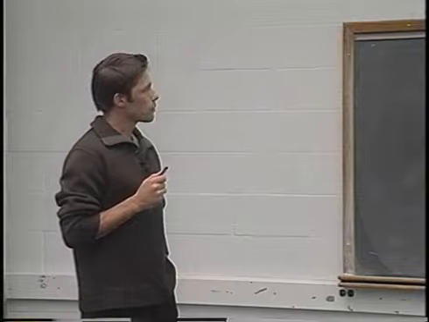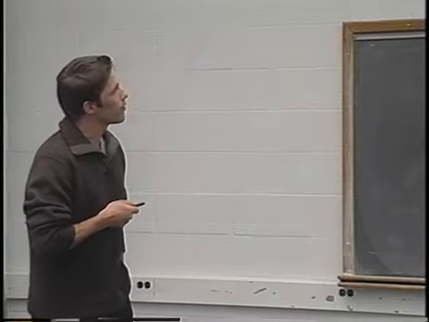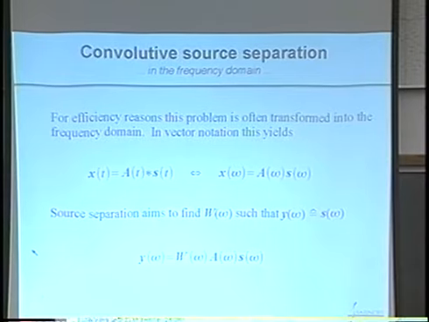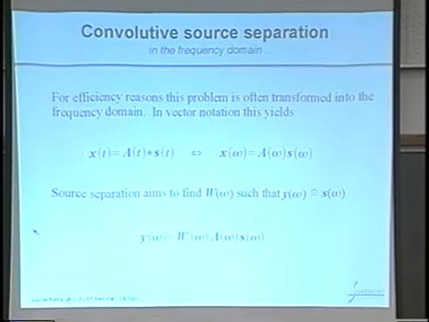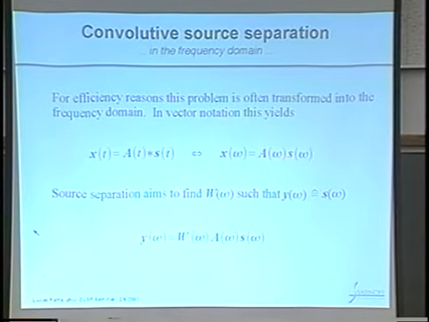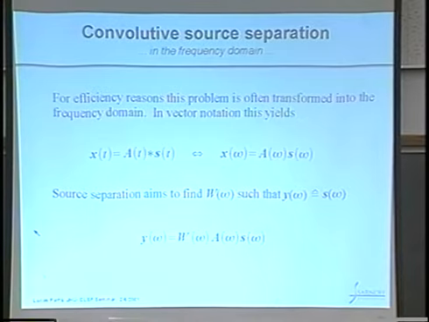So just to rewrite this, if we write this as a matrix and this as a vector and this represents a convolution, this writes the same equation that we had before a little more compactly. If we convert this into the frequency domain, the convolution simplifies into a simple multiplication. So here's a matrix; for every frequency, we'll have a product like this.